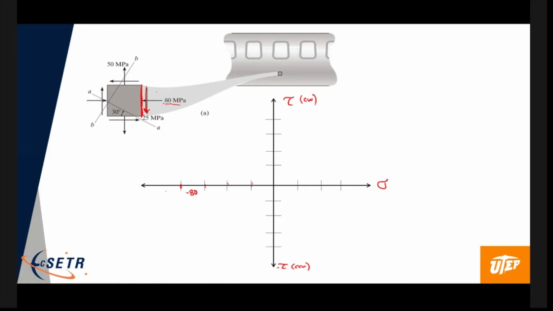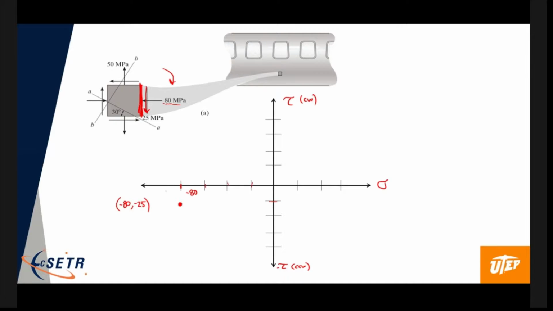But it rotates the cube in a counterclockwise manner, so it's a negative value, so it's -25. So here's -20, -25 is about there. So this is going to be -80, -25. That's 1 point on Mohr's circle corresponding to this right face.